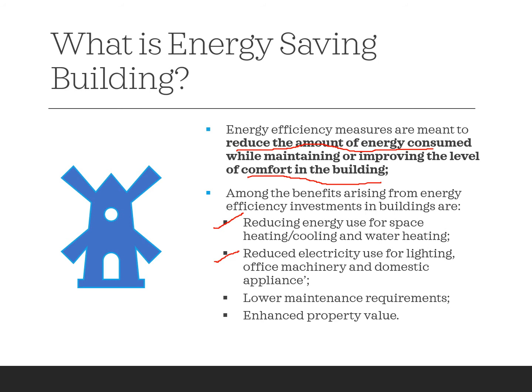So that is the function of an energy saving building. And then we can reduce the maintenance. Maintenance requirement should be less, and of course it enhances the property value.